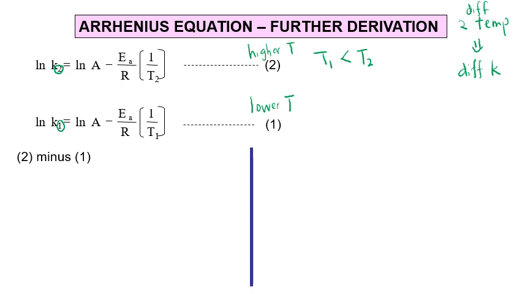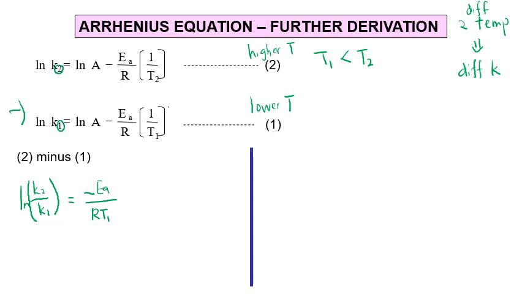Let's continue with the derivation by combining equation 2 minus equation 1. So ln K2 minus ln K1 will equal ln K2 over K1. Don't forget this bracket. Then ln A minus ln A equals 0, or you don't need to write it down, that is okay as well. The next part will be negative EA over RT1.